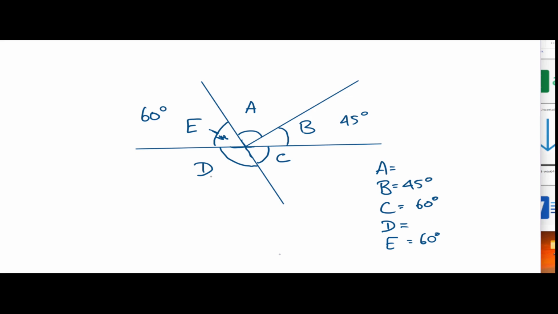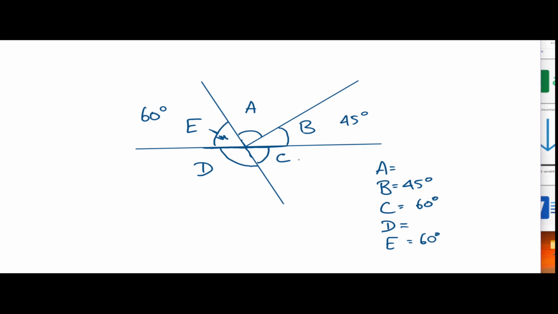What is D? Well, D is on a straight line with C. This line here, I can highlight that. This line here is a straight line, so D and C must add to 180 degrees.